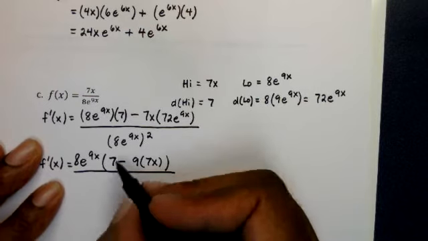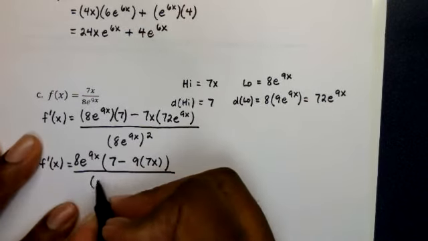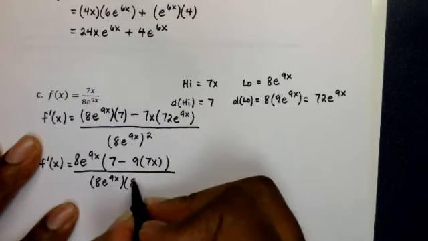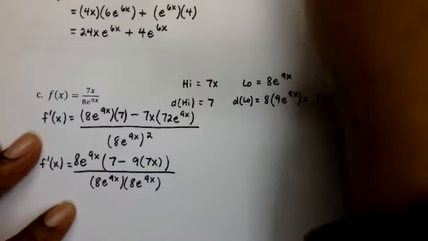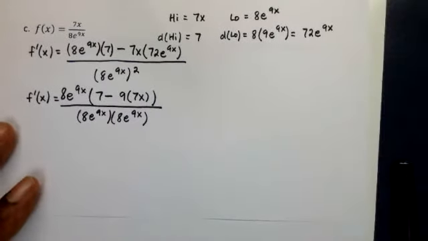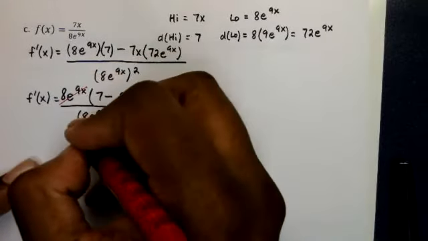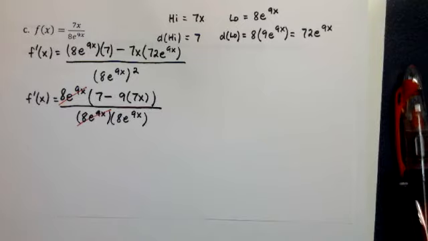Now 8e to the 9x is used as a factor twice, so I'll just write 8e to the 9x twice. And then I'm going to divide out the 8e to the 9x. So this divides out with one of those 8e to the 9x's. I'll be left with 1 in the denominator.